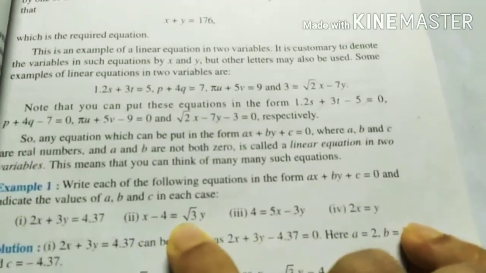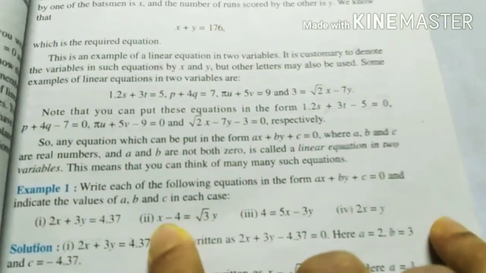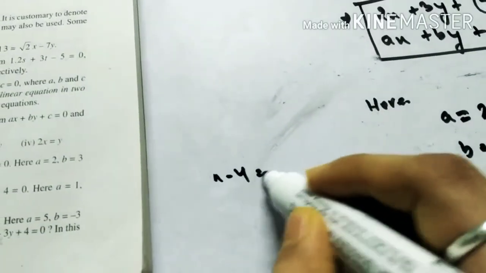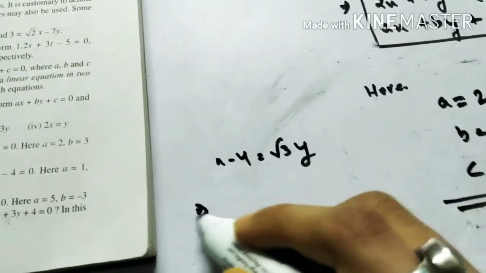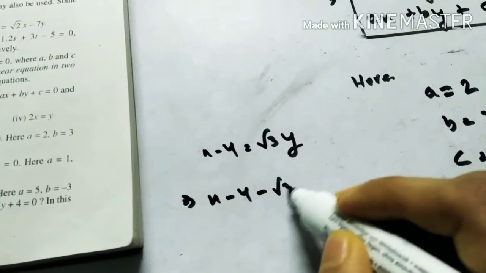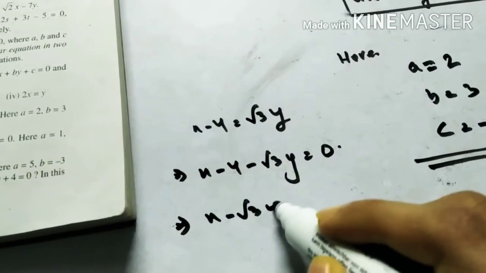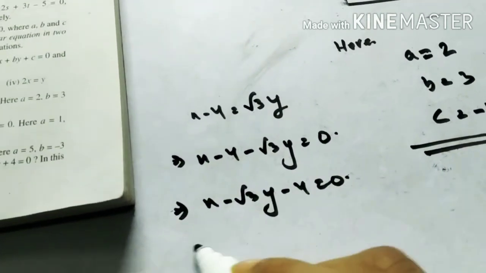Understand? So the rest of the problems: this one is x minus 4 is equal to root 3y. You bring root 3y to this side and you get x minus 4 minus root 3y is equal to 0. So you can write x minus root 3y minus 4 is equal to 0.